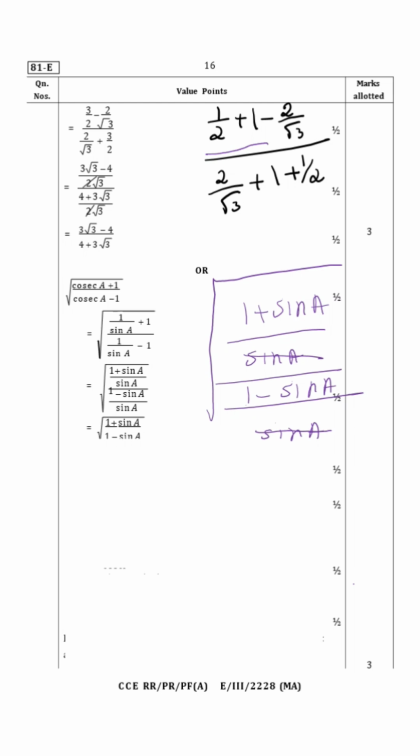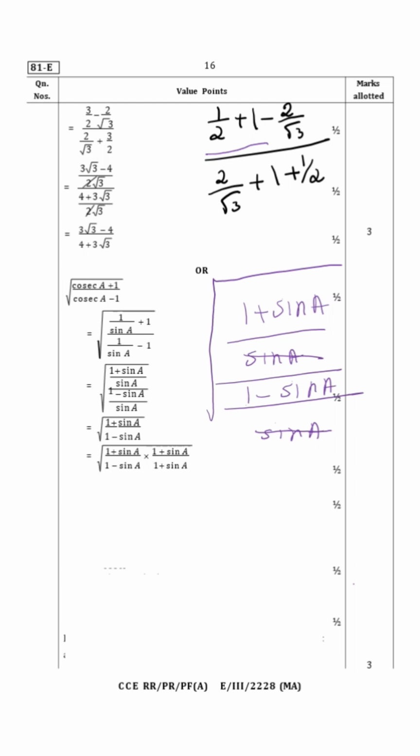Now rationalize the denominator, meaning we have to multiply both numerator and denominator with 1 minus sin A. Sorry, 1 plus sin A. The rationalizing factor of 1 minus sin A is 1 plus sin A. So the numerator becomes (1 plus sin A) the whole square.